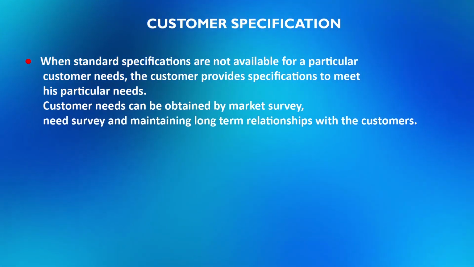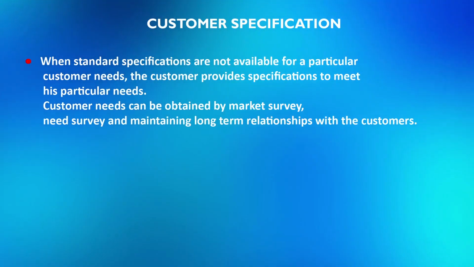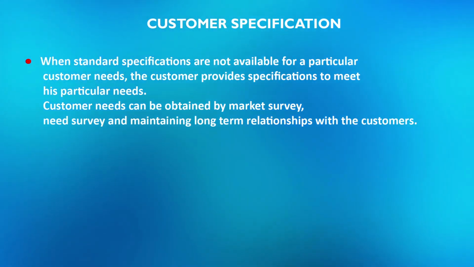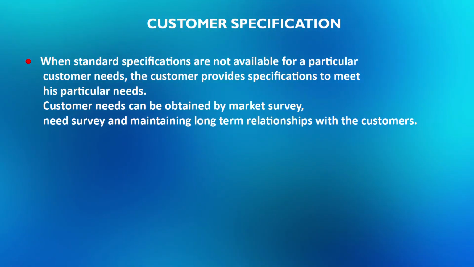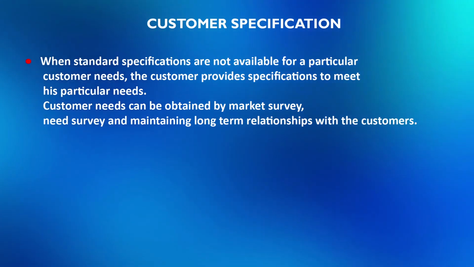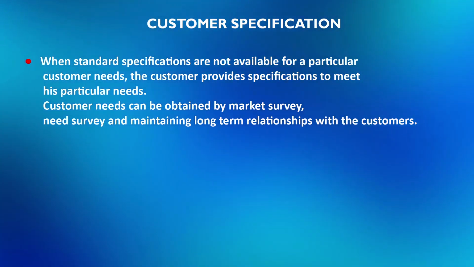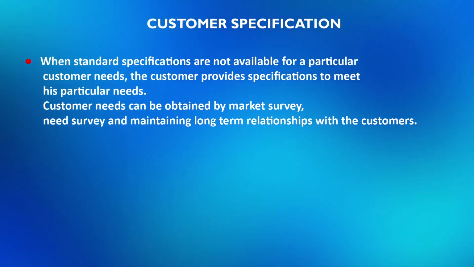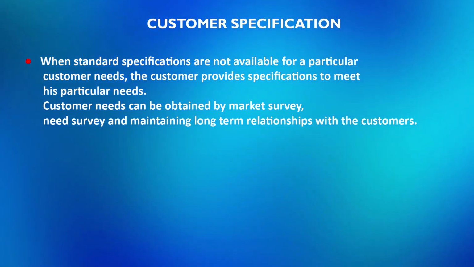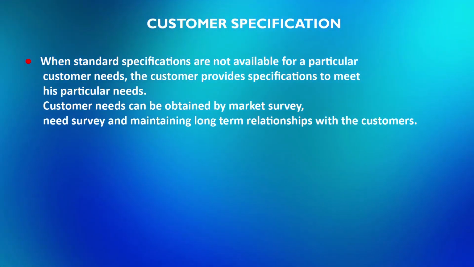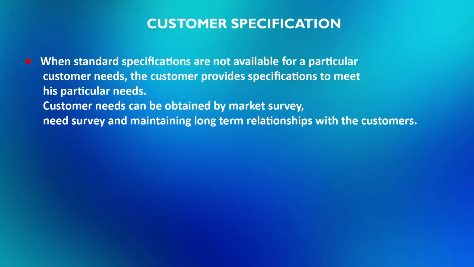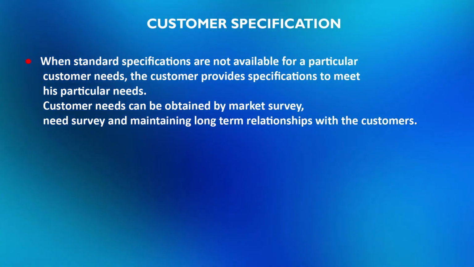Customer specification: when standard specifications are not available for a particular customer's needs, the customer provides a specification to meet his particular needs. The customer needs can be obtained by market survey, need survey and maintaining a long-term relationship with the customers.